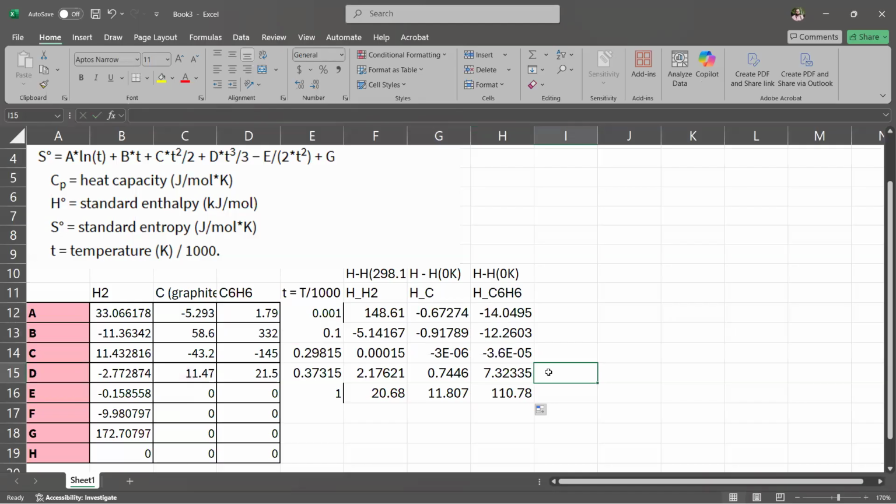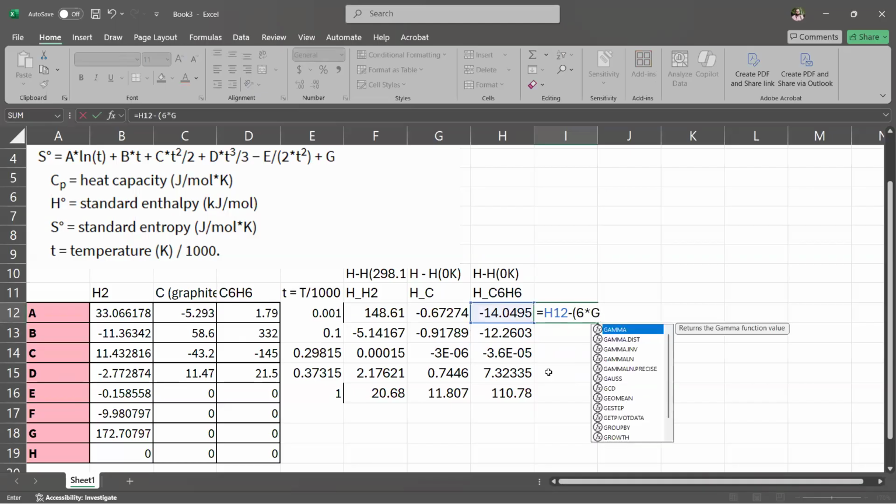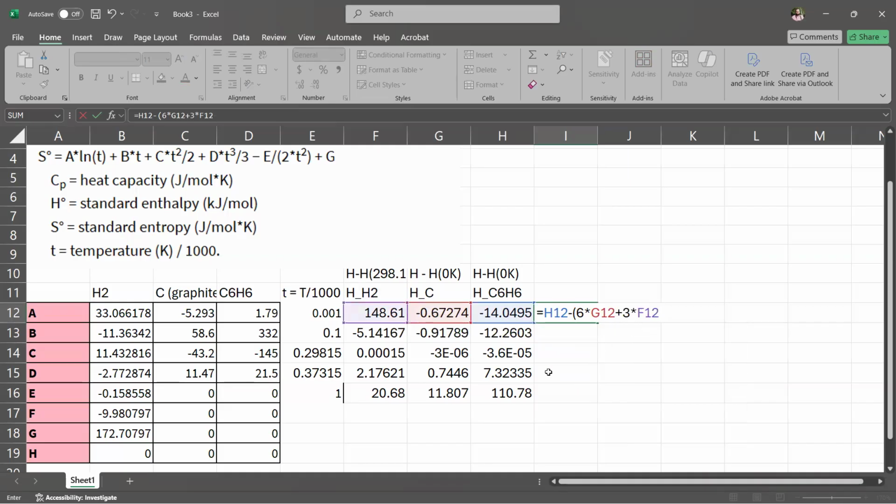Now we can calculate the enthalpy at 0 Kelvin. So that's going to be F12. Or sorry, that's the products, which is benzene, which is H12, minus 6 times the carbon enthalpy, which is G12, plus 3 times the enthalpy of hydrogen, which is H12, F12.